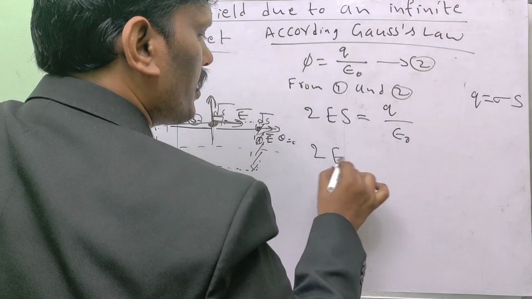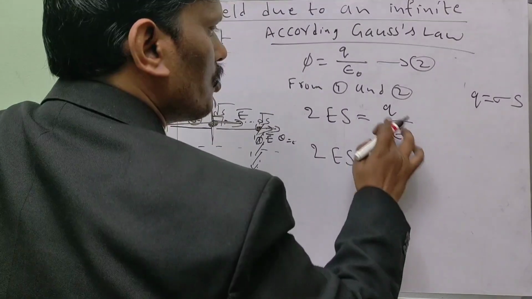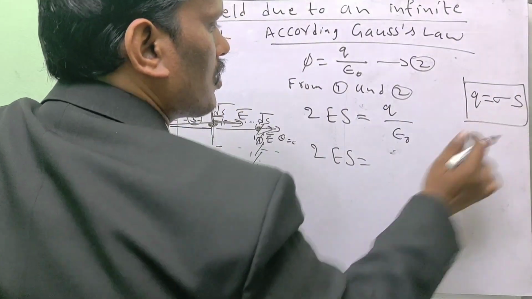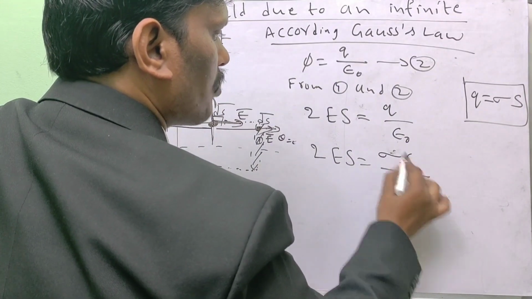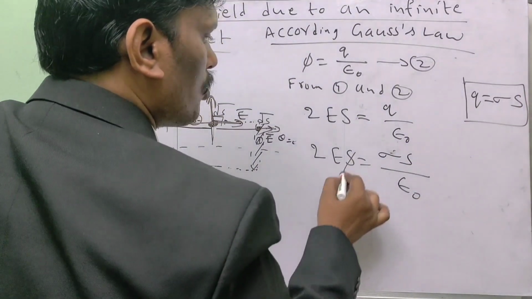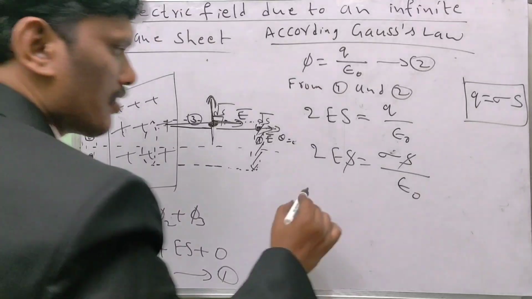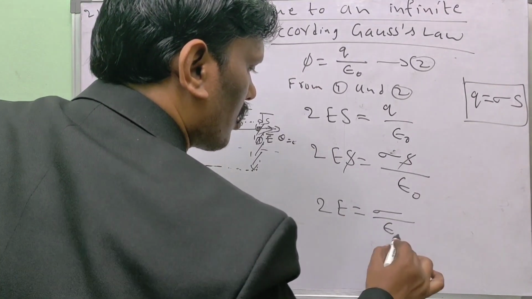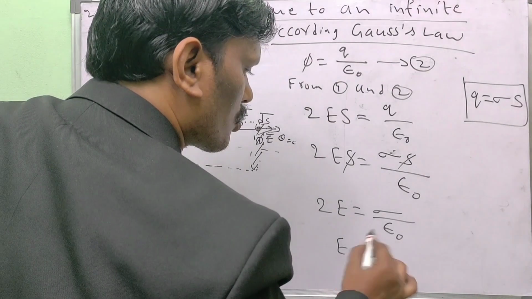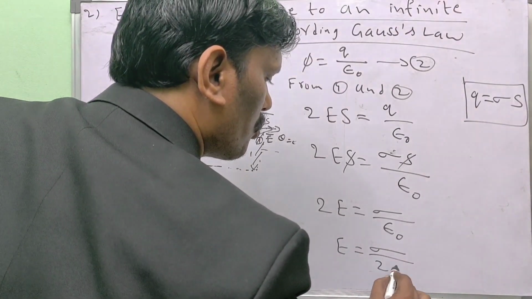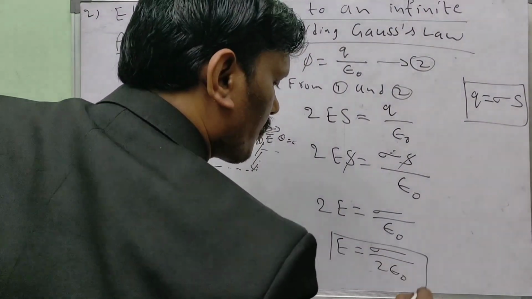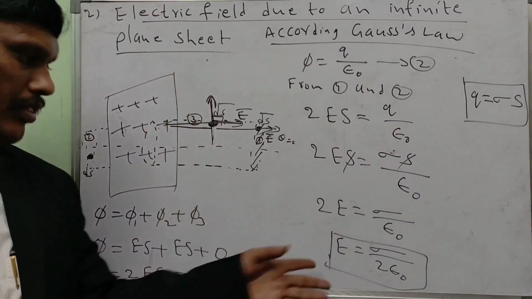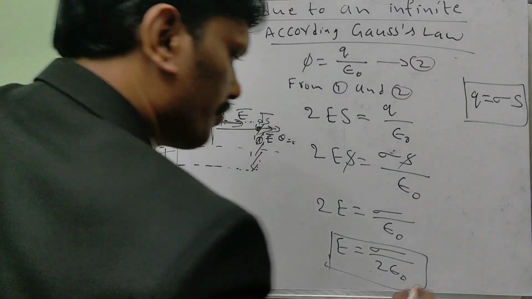What is Q here? Q means sigma S. So 2ES is equal to sigma S upon epsilon naught. Both sides S cancel, the surface areas. Then 2E is equal to sigma by epsilon naught. I required E, so 2 transposes to the other side: sigma upon 2 epsilon naught. This is the electric field due to an infinite plane sheet, my dear students. Hence proved.